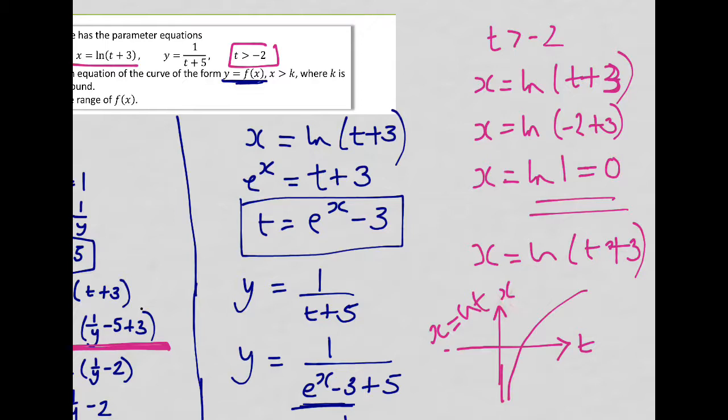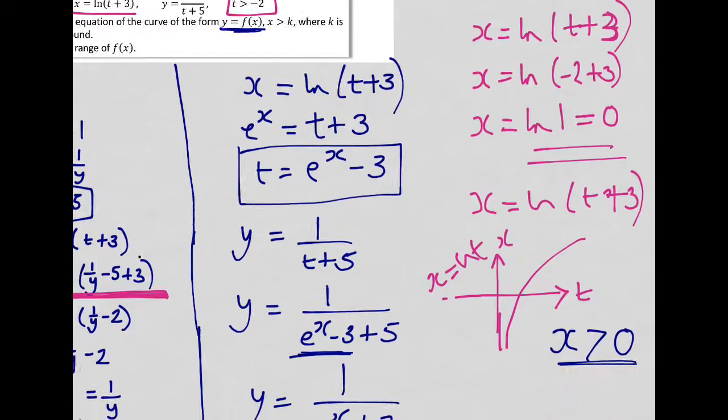Okay? So therefore, from here, we can say that, yes, if we're starting at x is greater than 0, it's going to continue to increase. So my domain for this question will be also x is greater than 0.